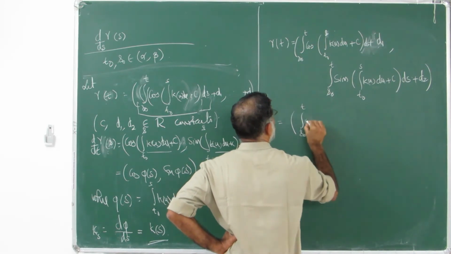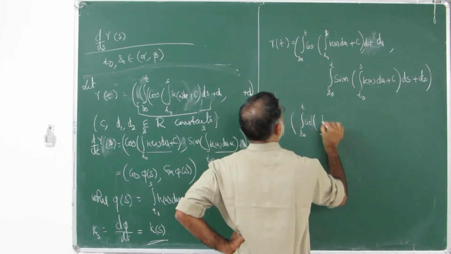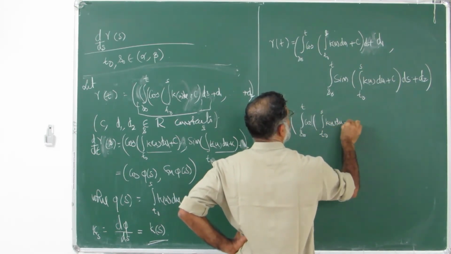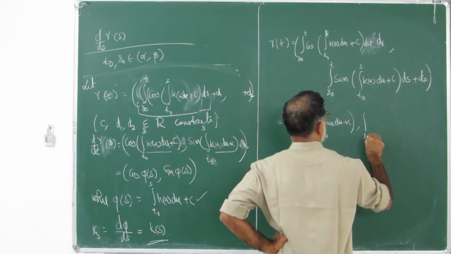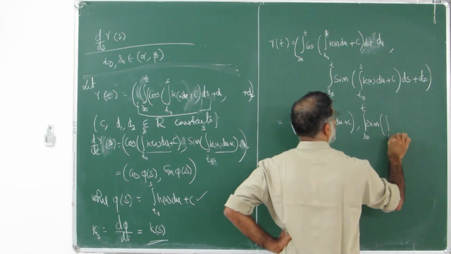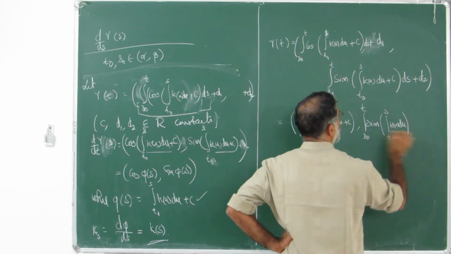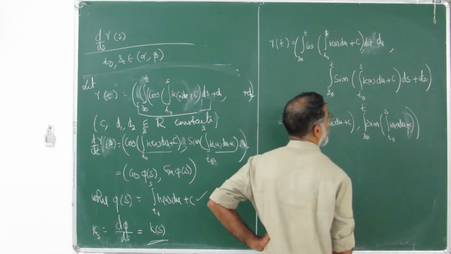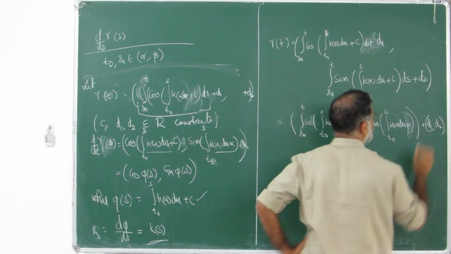S0 to t, cos integral t0 to s ku du plus c, comma, integral S0 to t, sine integral t0 to s ku du. K is a given function, so you can easily do the computation, plus c plus this vector d1 d2.